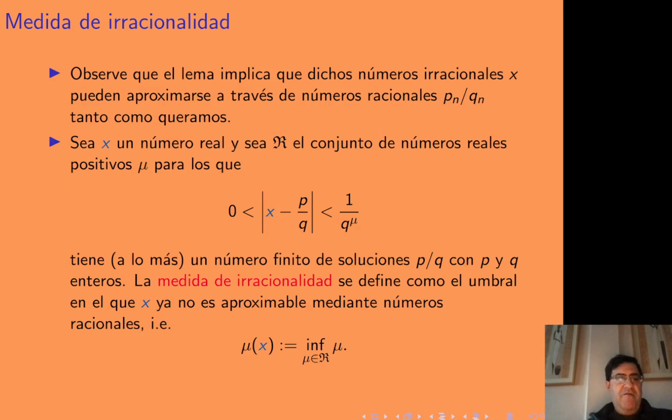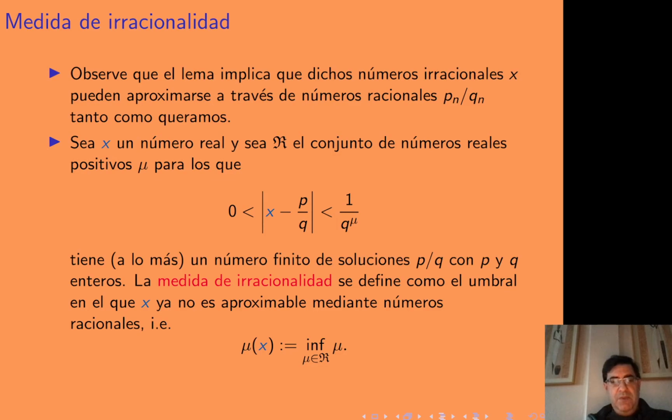In fact, suppose that you have this number x, the one we started with, and then we consider the set of real numbers mu constructed with positive numbers mu, so that you need to obtain integers p and q such that the absolute value of x minus p over q is less than 1 over q to the mu.